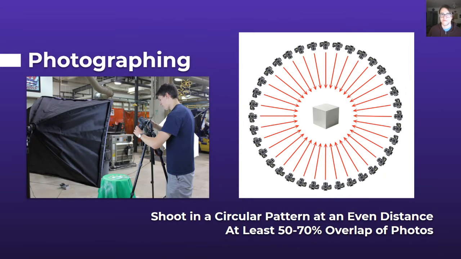So when you're actually photographing your object, you want to always be doing it in a circular pattern and stay at the same distance every time. Like I said earlier, you want to take approximately, depending on how complex your object is, about 50 photos.